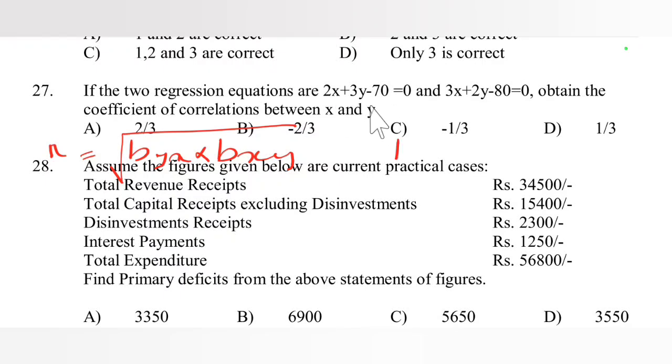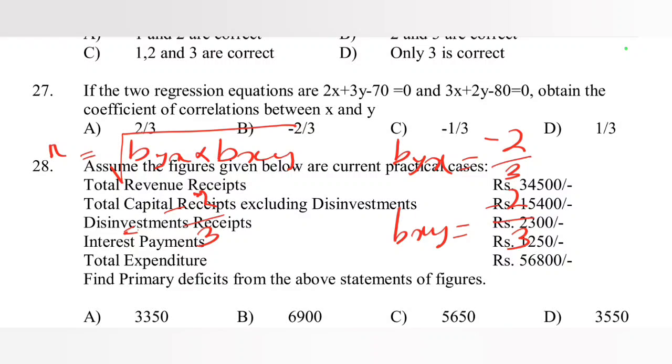So byx is -2/3. Then the second equation, 3x + 2y - 80 = 0, gives the value of bxy. 3x = -2y + 80, so x = -2/3 y + 80/3. So bxy is also -2/3. So r = root of (-2/3 into -2/3), which is 2/3 in magnitude.